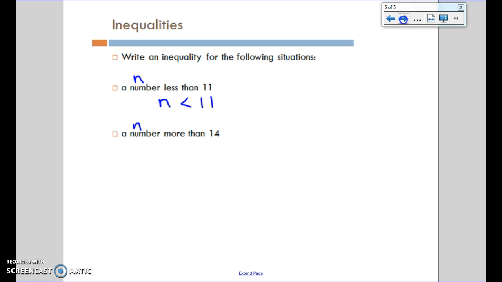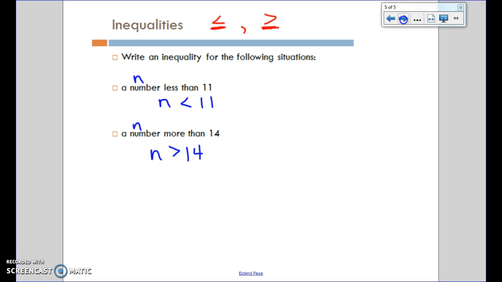And a number more than 14 will be represented by the number must be bigger than 14. The only time you'll use a less than or equal to or a greater than or equal to, it will have to specifically say a number is less than or equal to 11, or a number is more than or equal to 14. Then this little bar means it's okay to be equal to, so that's the addition you'd have to put on to those problems.